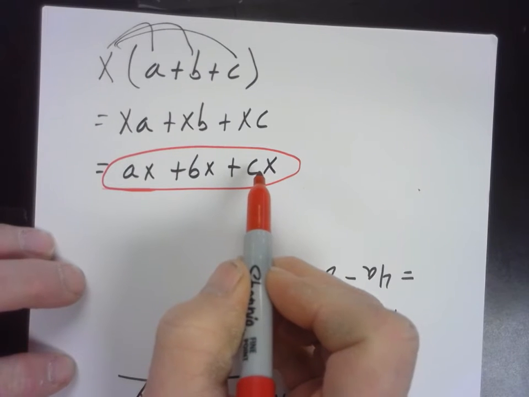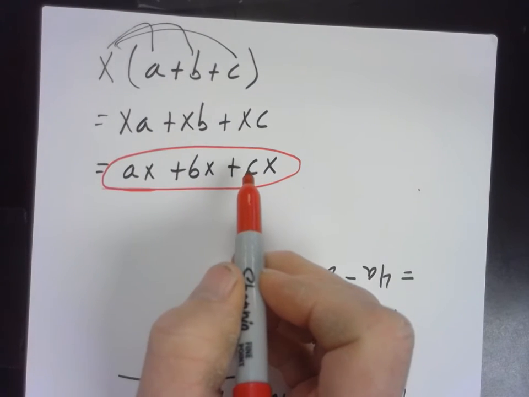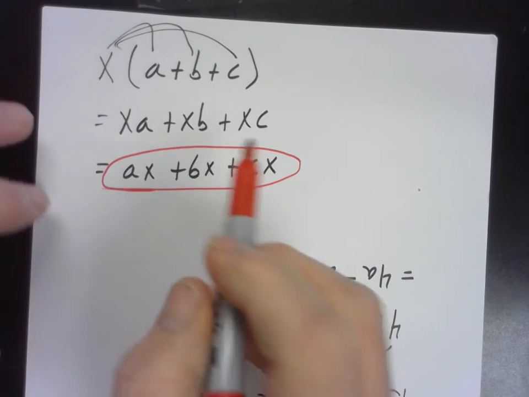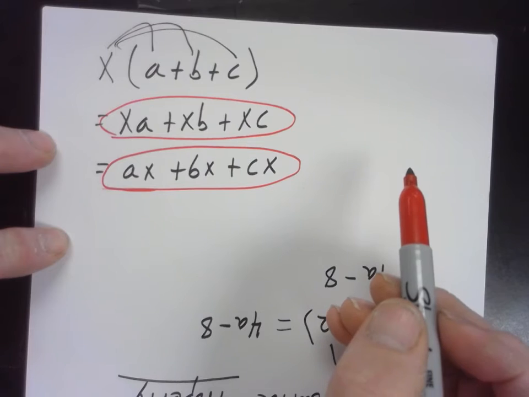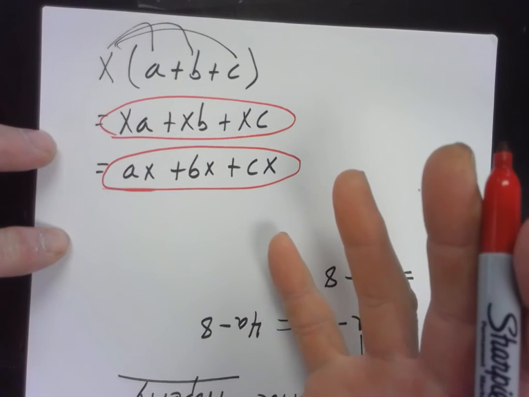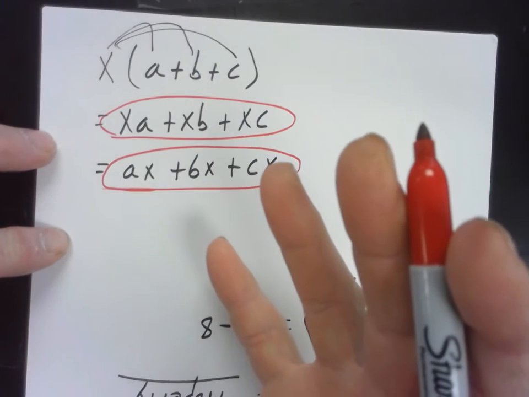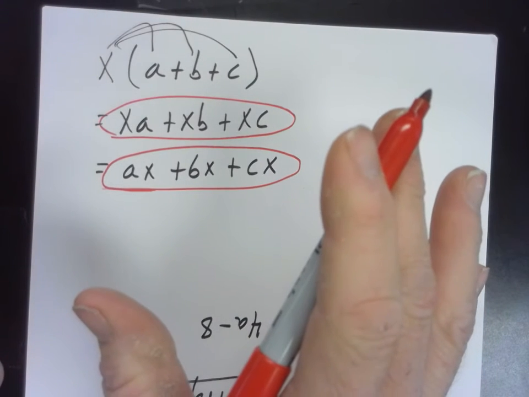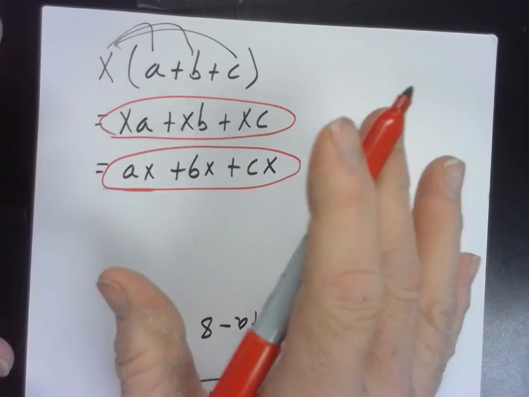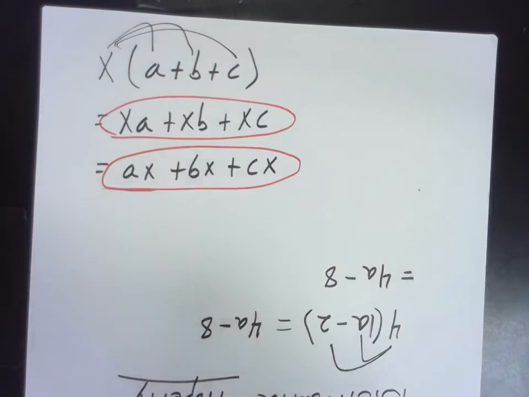It's going to make our life a little simpler down the road. However, if you don't write them in alphabetical order, you're not wrong. I wouldn't mark it wrong on a test or anything like that. It's the same thing. But it's a good idea to put them in alphabetical order, or at least all in the same type of order, to help us out down the road.